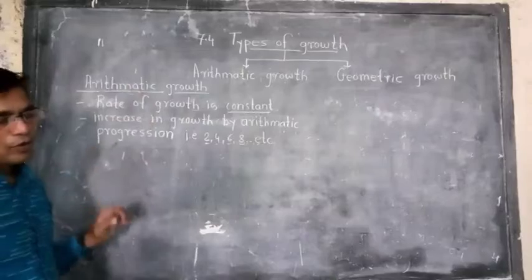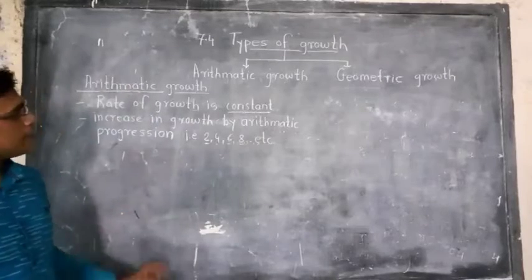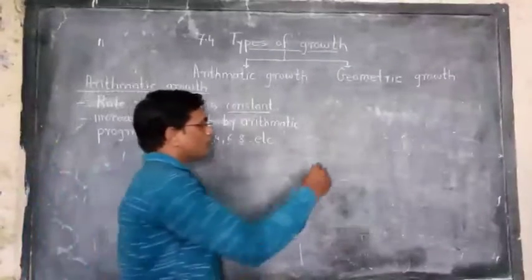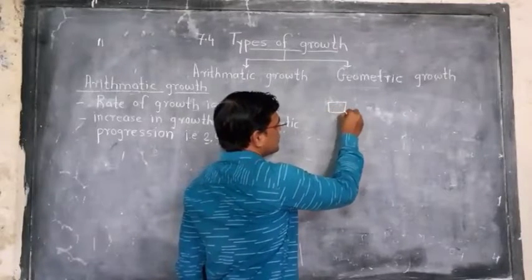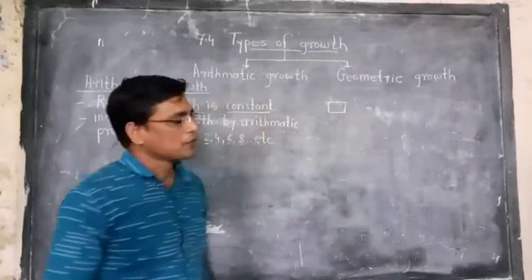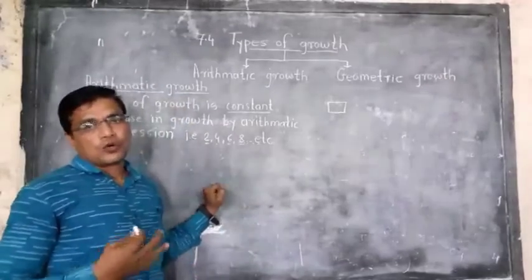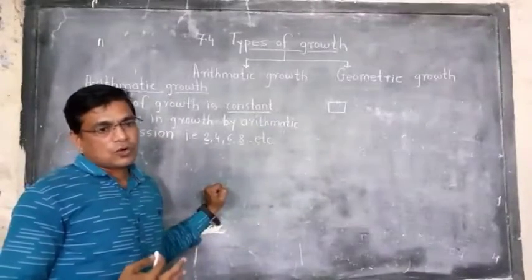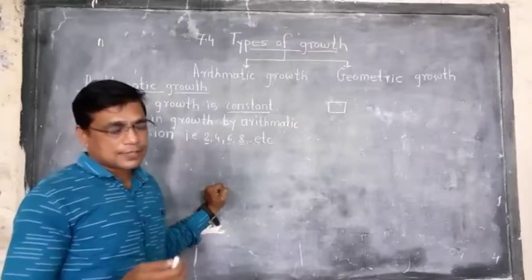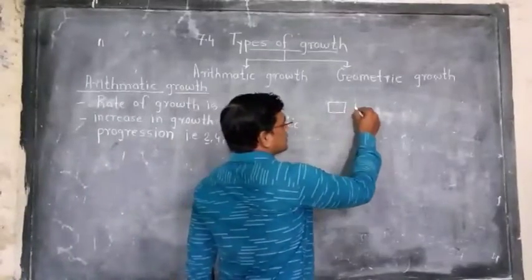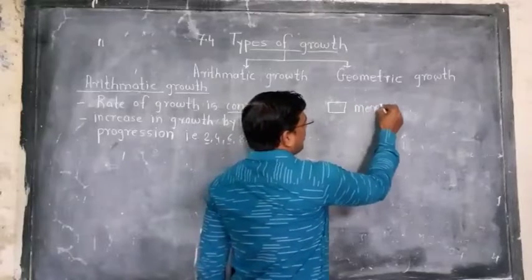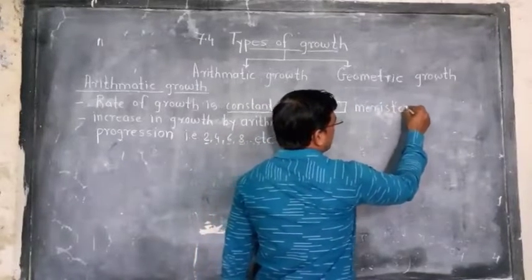So what actually happens in this arithmetic growth? Suppose we consider a single cell, any growing cell, that is called a meristematic cell.